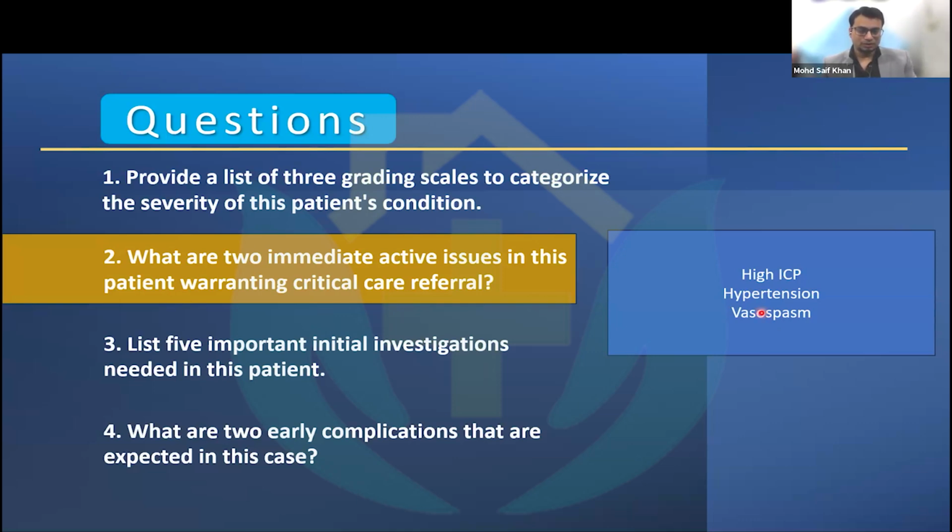In 10% of cases, vasospasm can present as an early complication of SAH, especially in high grade, grade 4 or 5 or CT grade.